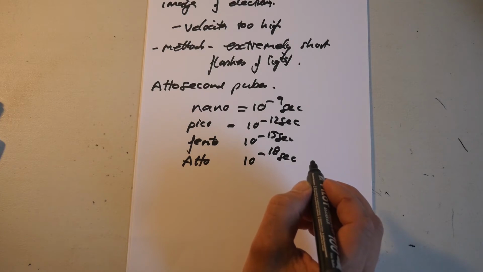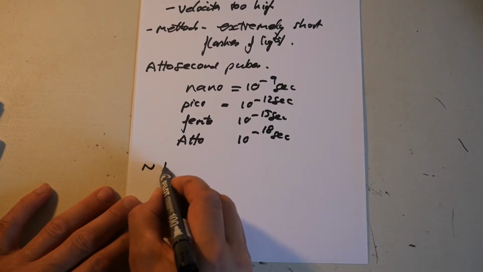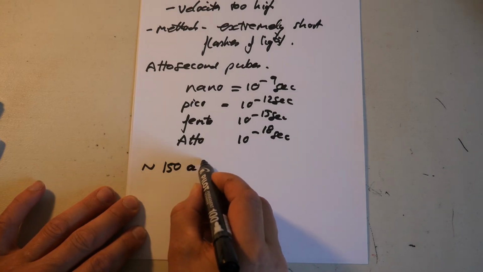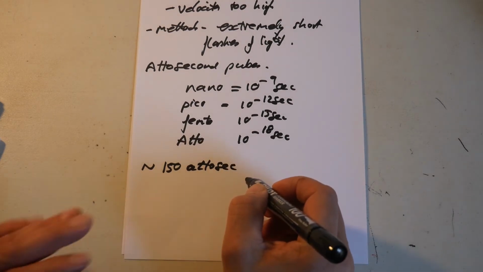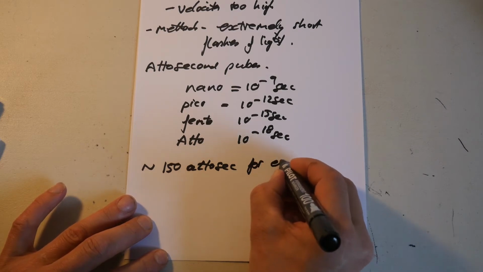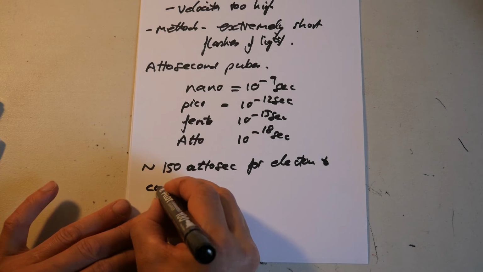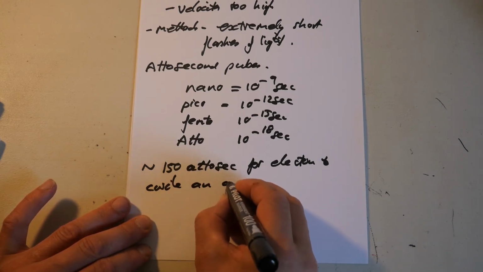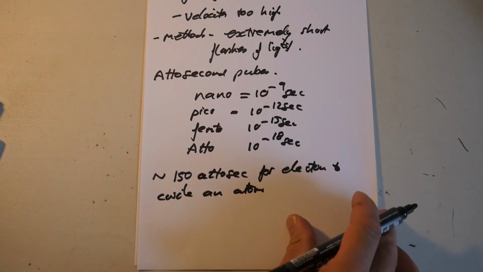It takes about 150 attoseconds for an electron to move around an atom, to move around the nucleus.